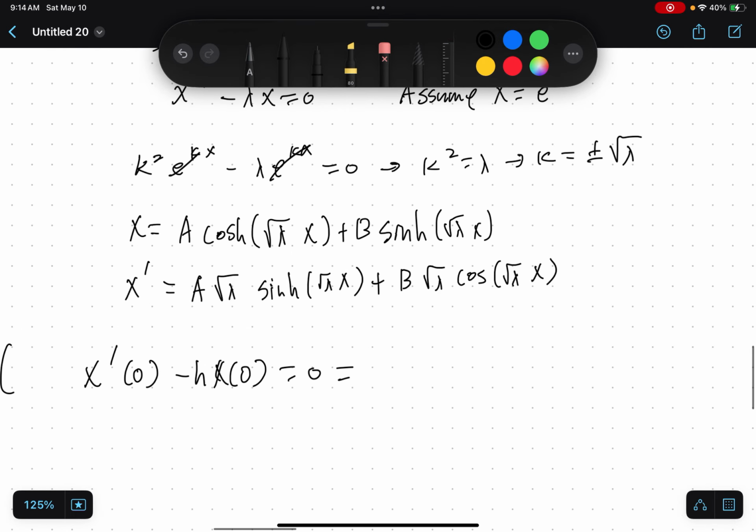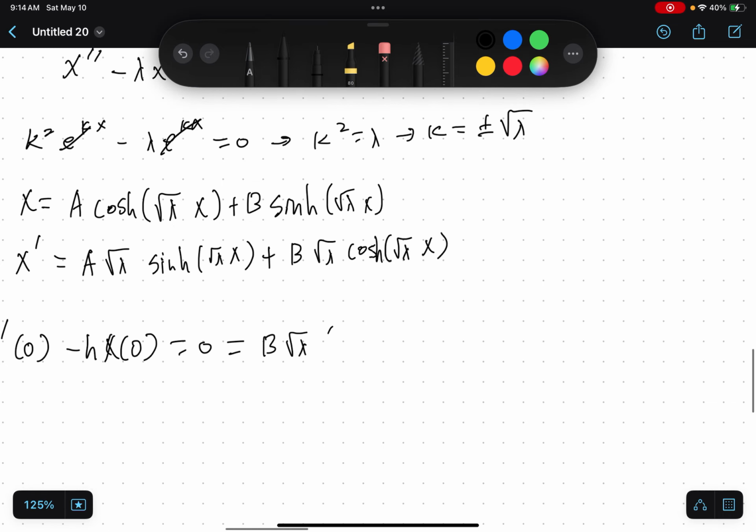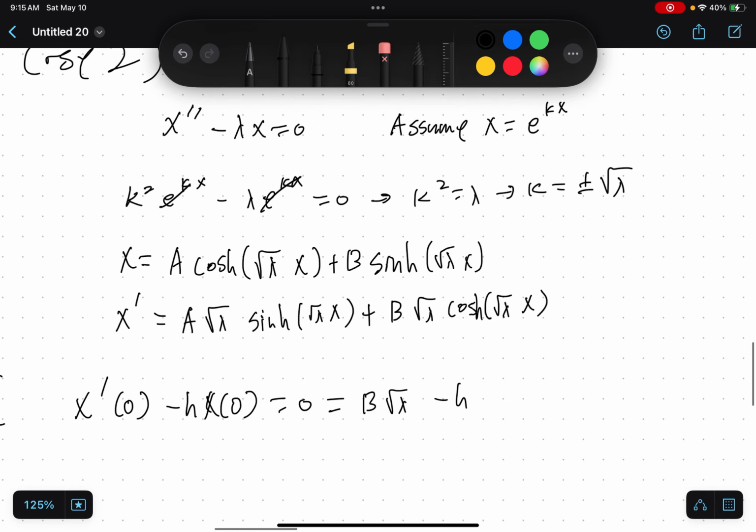So at 0, if we plug in 0 into here, this will be hyperbolic sine of 0, and hyperbolic sine of 0 is 0. So this whole term goes away for this part. So we're left with b root lambda times hyperbolic cosine of 0, which is 1, minus h x at 0, so we're going to have an a, and this whole term goes to 0.